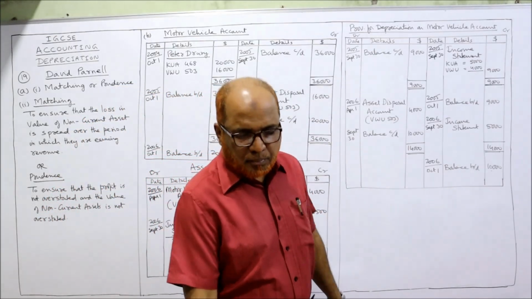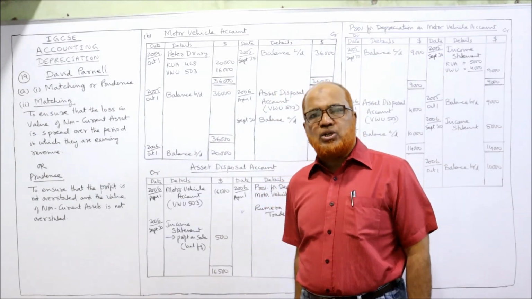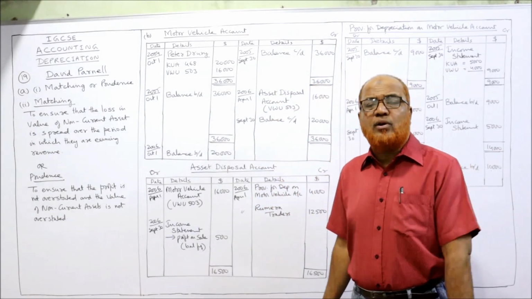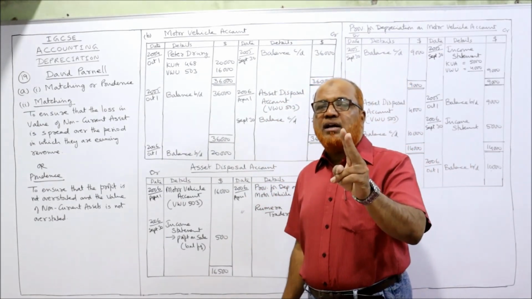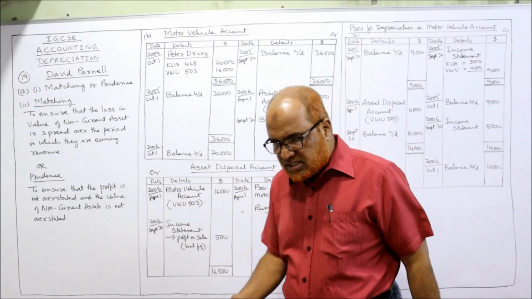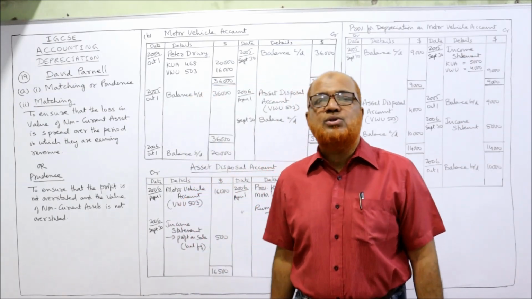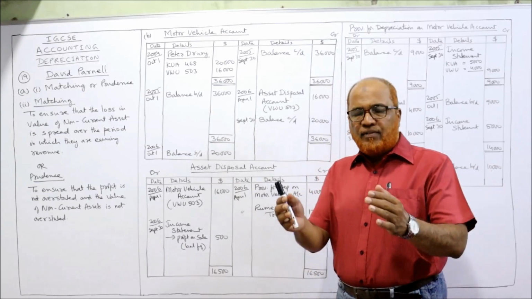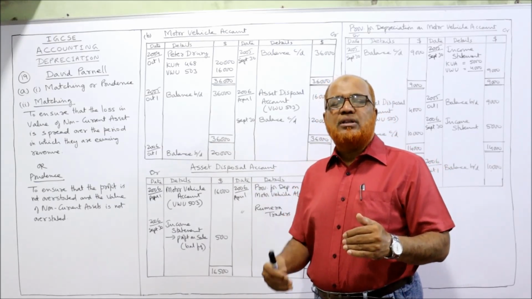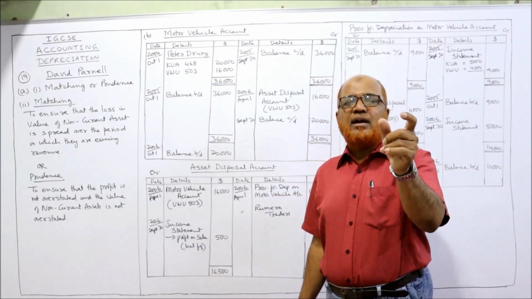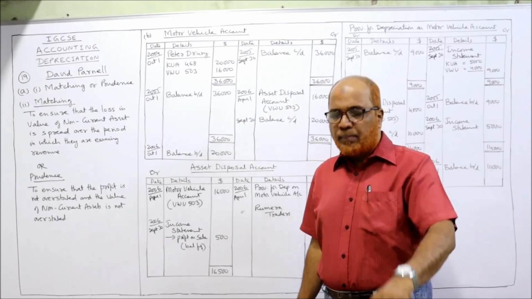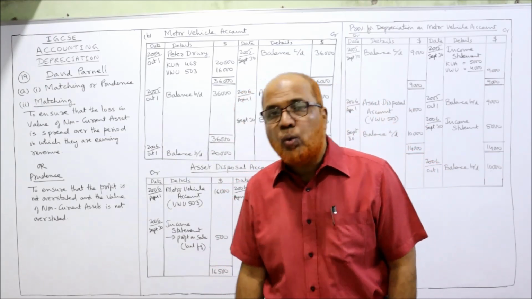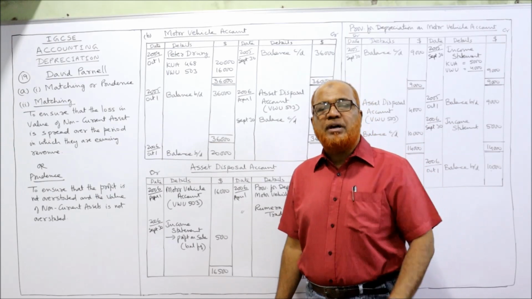Now we'll start posting the entries in the ledger accounts. First of all, the 2 motor vehicles were purchased on 1st October 2004. When motor vehicles are purchased, the entry will be motor vehicle account debit, and the supplier is Peter Drury, so Peter Drury should be credited.